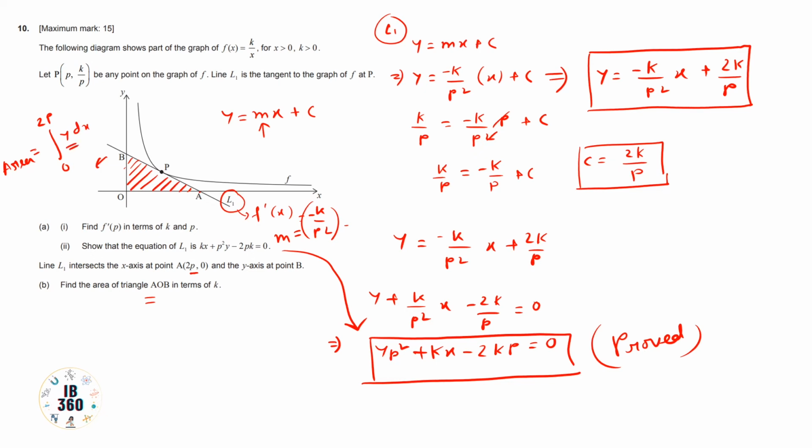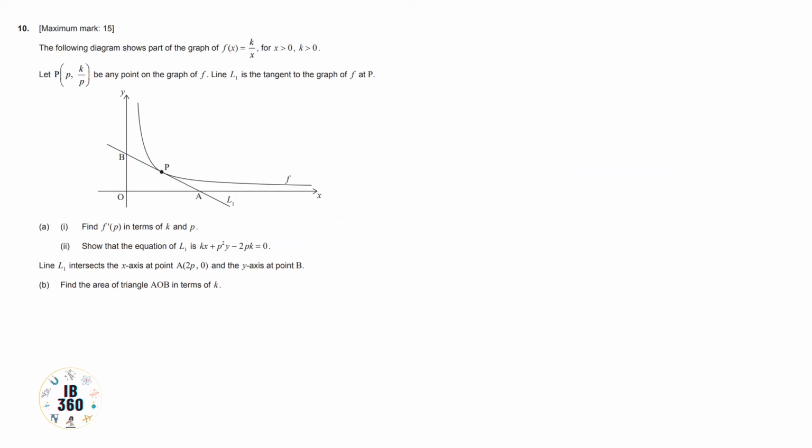So what will be your y? Your y will be y equals to this, but this is a very complex method. So what we will do, in a simple way, as you know the value of A to be 2p comma 0, obviously this particular length is 2p. We all know that the area of a right angle triangle is equals to half into base into height.